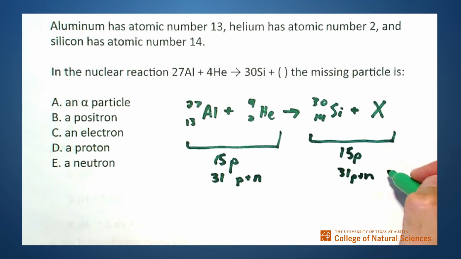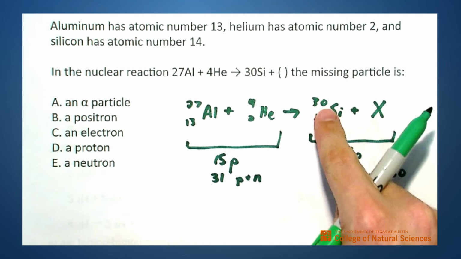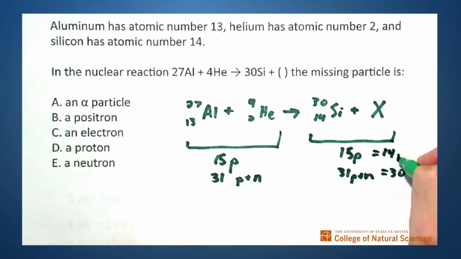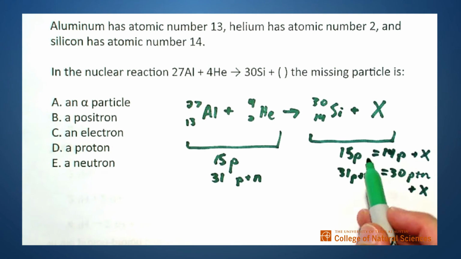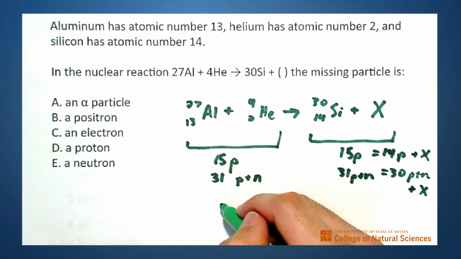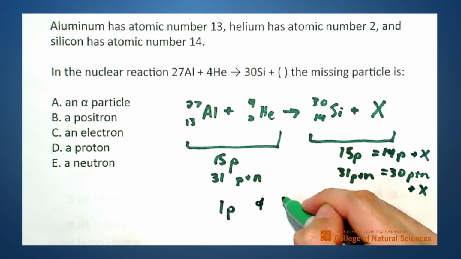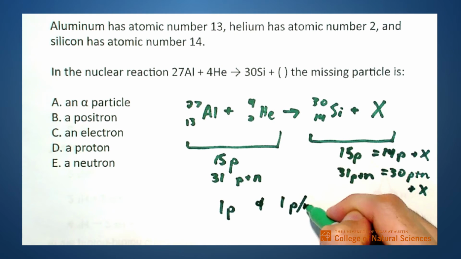Well, right now, I see that I only have 30 protons and neutrons, right? Because I have 30 for the silicon, and I only have 14 protons for the silicon, which means that in order for me to add in an extra particle, this particle needs to have 1 proton, and it needs to have 1 proton slash neutron.